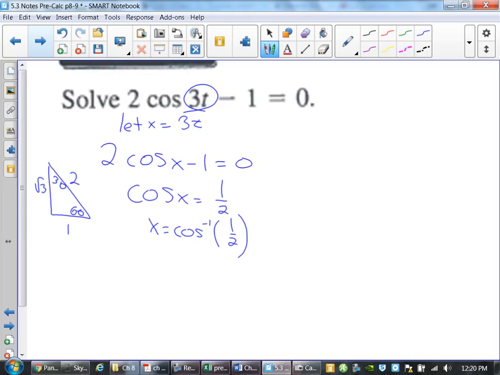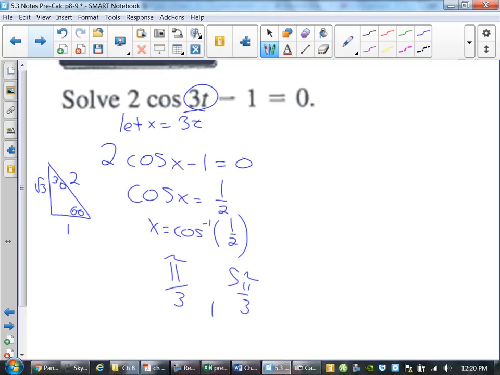Okay. Pi over 3, and what other quadrant is cosine positive? 5 pi over 3. I'm sorry, I was thinking sine. Wait, am I right? Yeah.